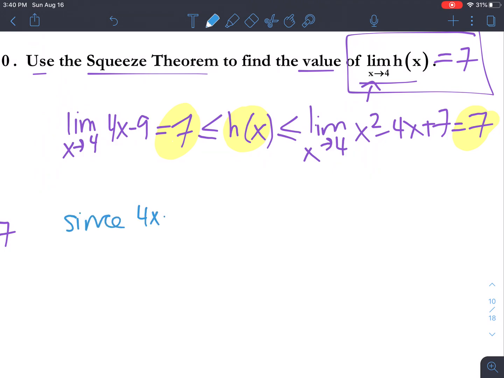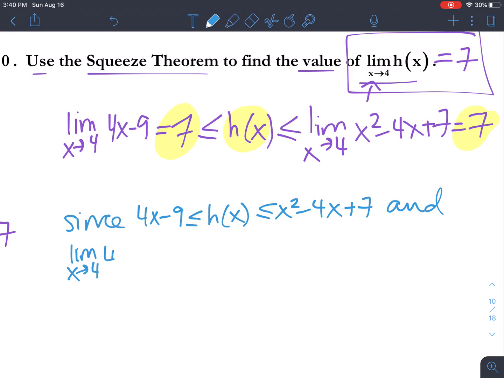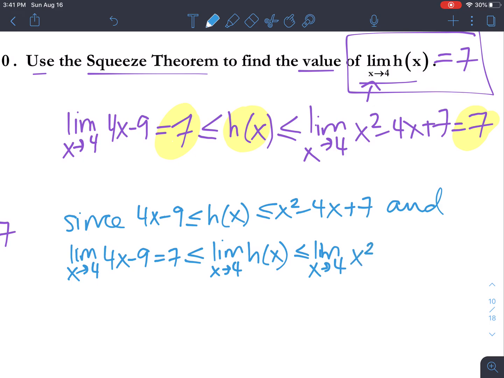Since 4x minus 9 is less than or equal to h of x, which is less than or equal to x squared minus 4x plus 7, and the limit as x approaches 4 of 4x minus 9 equals 7, which was less than or equal to the limit as x approaches 4 of h of x, which is less than or equal to the limit as x approaches 4 of x squared minus 4x plus 7, which was 7.